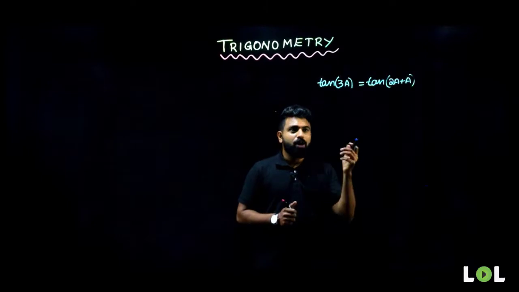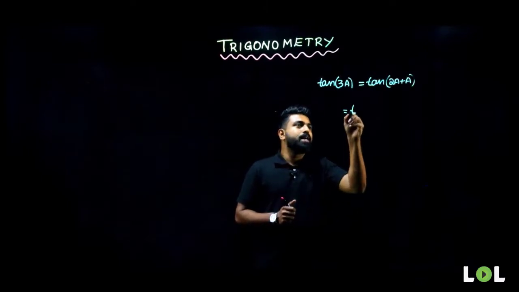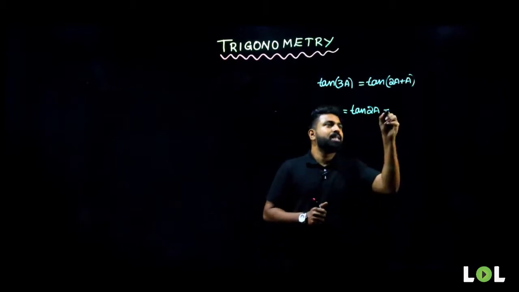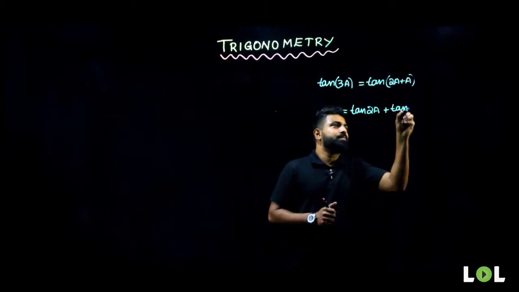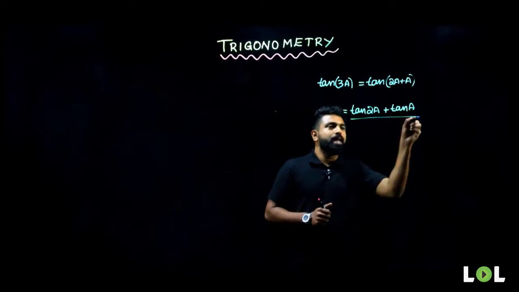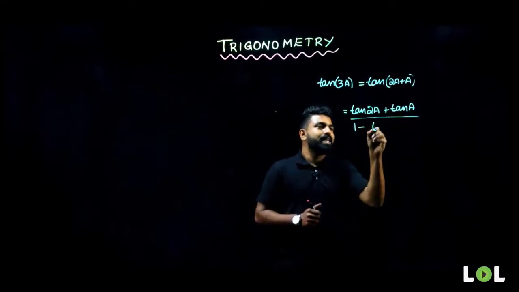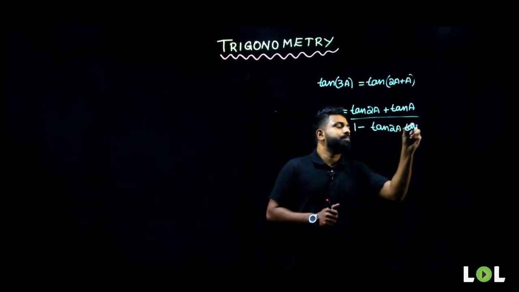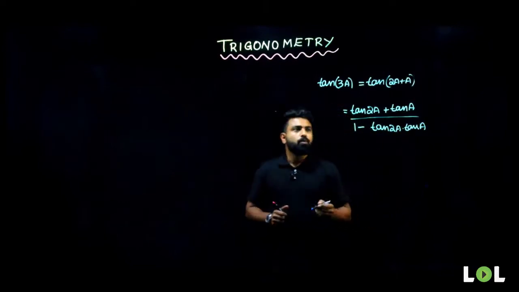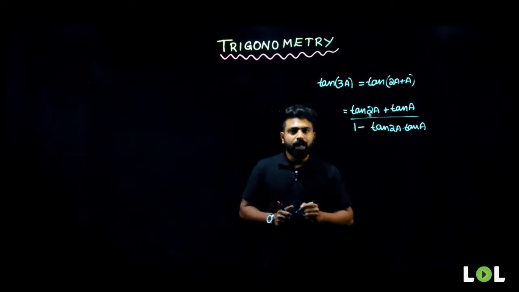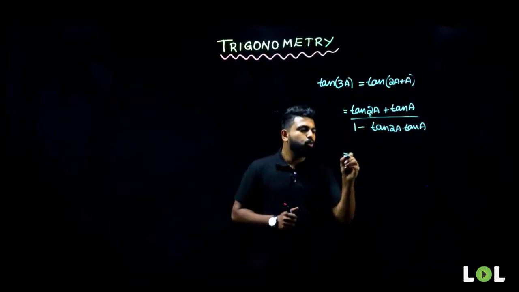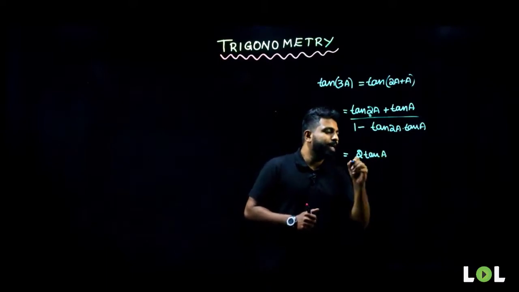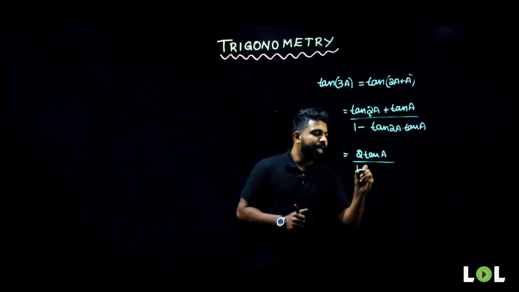We all know that tan of (a plus b) is nothing but (tan a plus tan b), the whole divided by 1 minus tan a into tan b. Now, we know what the formula for tan 2a is. I can also write my tan 2a as 2 tan a divided by 1 minus tan square a.